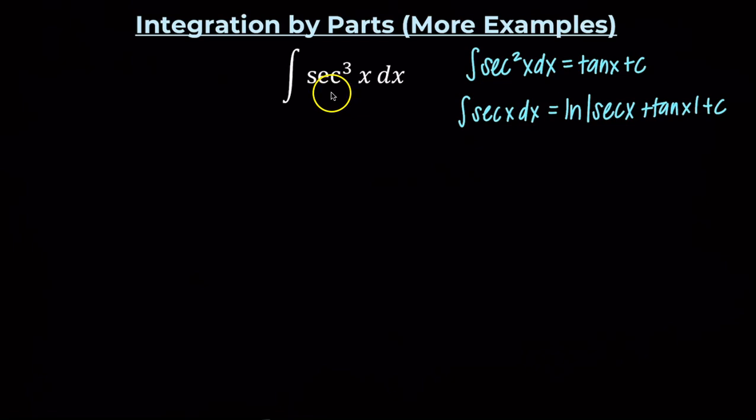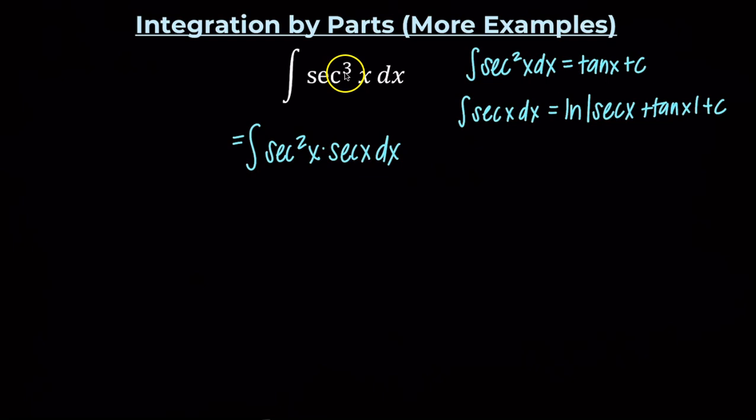The first thing we want to do is actually break it down and rewrite it as the integral of secant squared x times secant x dx. But then we don't want to go crazy. We cannot integrate each one separately, so we don't want to say it's just these two answers multiplied together or anything. But now what this does is give us a u and a dv situation.